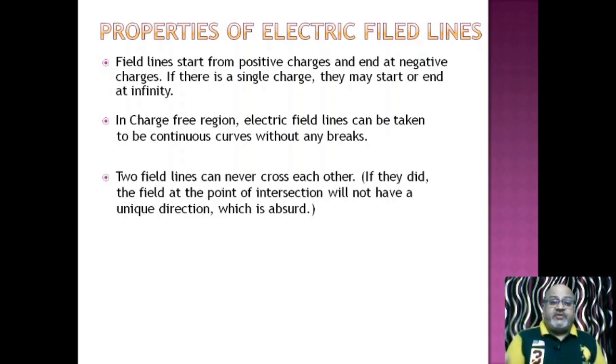And by observing the pattern, we see that they never intersect. Two electric field lines never intersect. Suppose they intersect. Let us first draw two electric field lines, one black, one red. This is the point of intersection, and we draw a tangent at this point. We get two tangents, one along black, one along red. This is the tangent for this electric field line at this point, and this is the tangent for the black electric field line at this point.